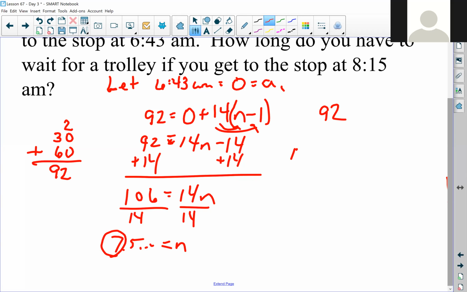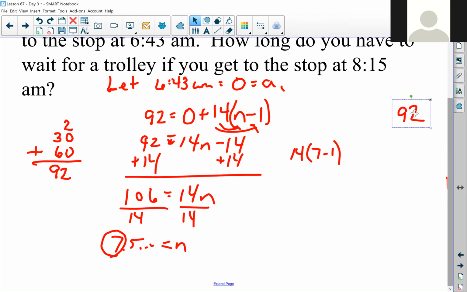So 14 times 7 minus 1, 14 times 6 is 84.